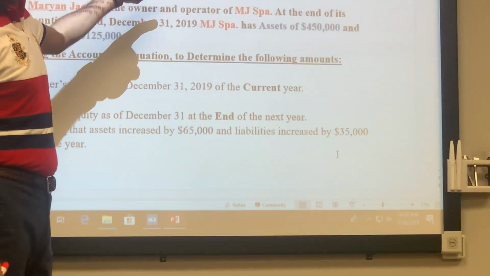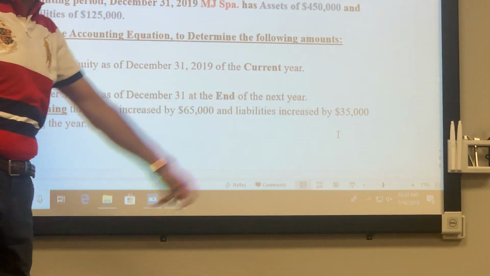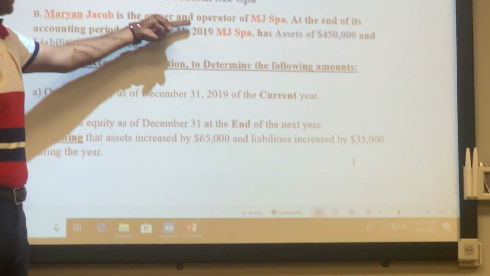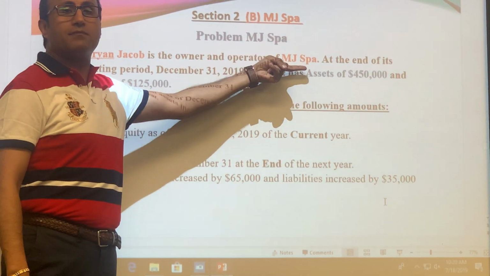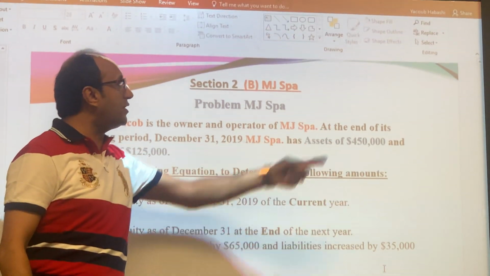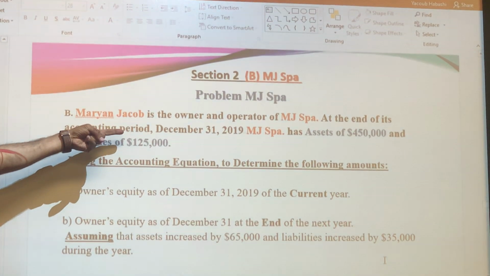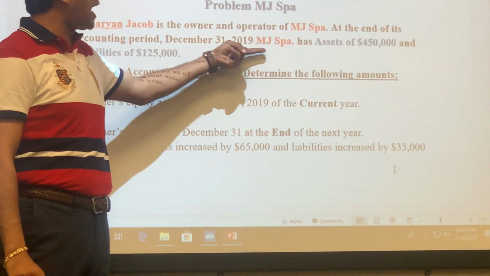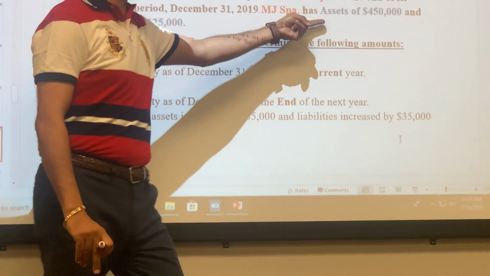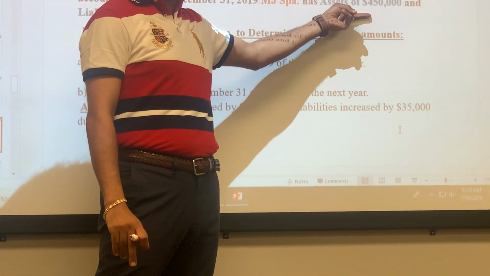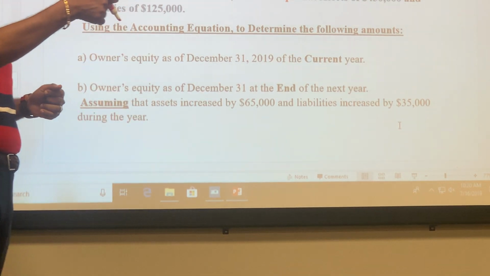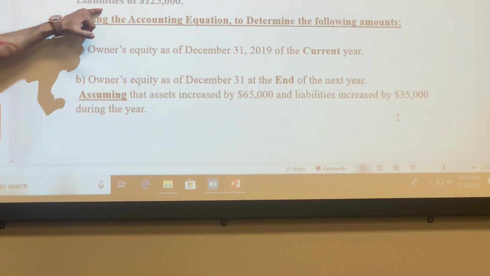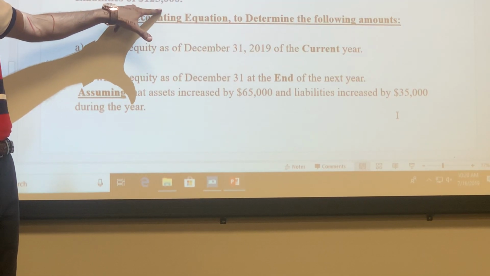The same section, number B, problem MJ Spa. Marian Jacob is the owner and operator of MJ Spa. At the end of this accounting period, December 31, 2019, MJ Spa has assets of $450,000 and liabilities of $125,000.